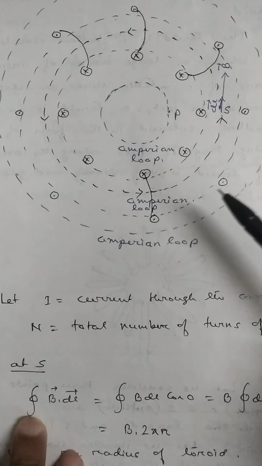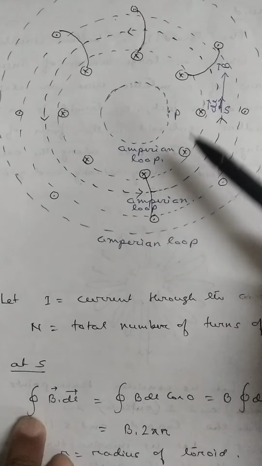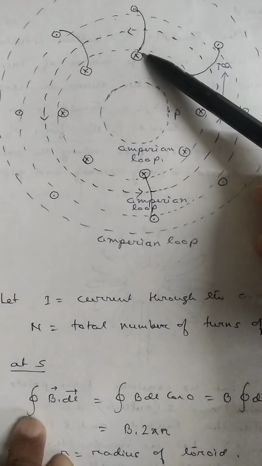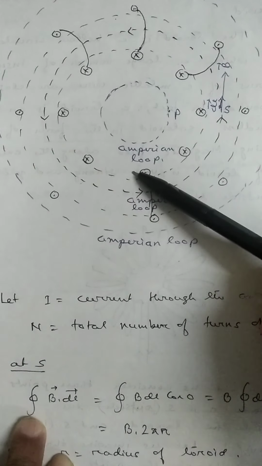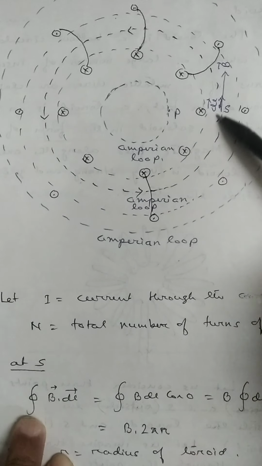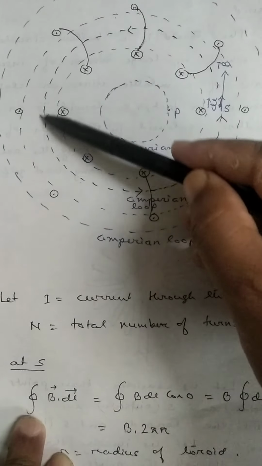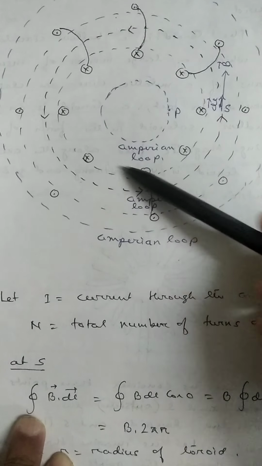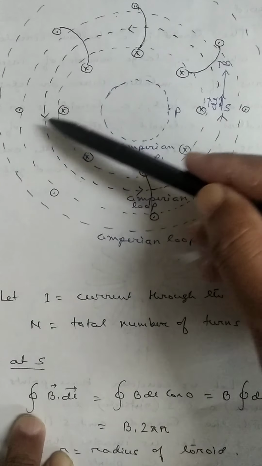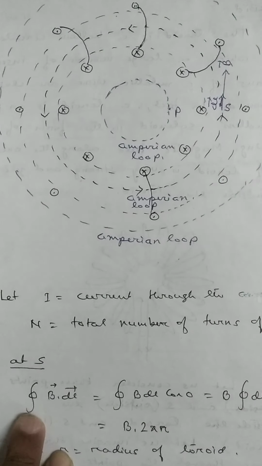Okay? Now, what current does this Amperian loop enclose? These wires, 1, 2, 3, 4, 5, 6, 7, 8, 9. This Amperian loop encloses these wires. Therefore, the current passing through these wires is the current inside the Amperian loop.